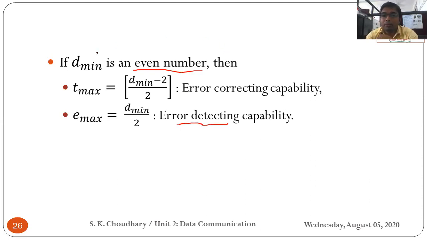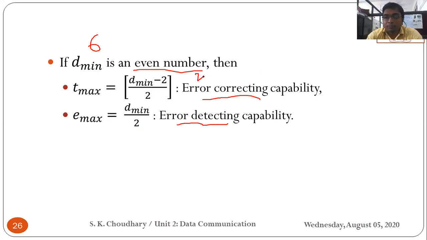Suppose your D minimum is 6. So how many errors can you detect here? 6 upon 2, which means 3-bit errors. And how many errors can you correct? You can correct D minimum minus 2 upon 2, which means 6 minus 2 upon 2, that is 2-bit errors.